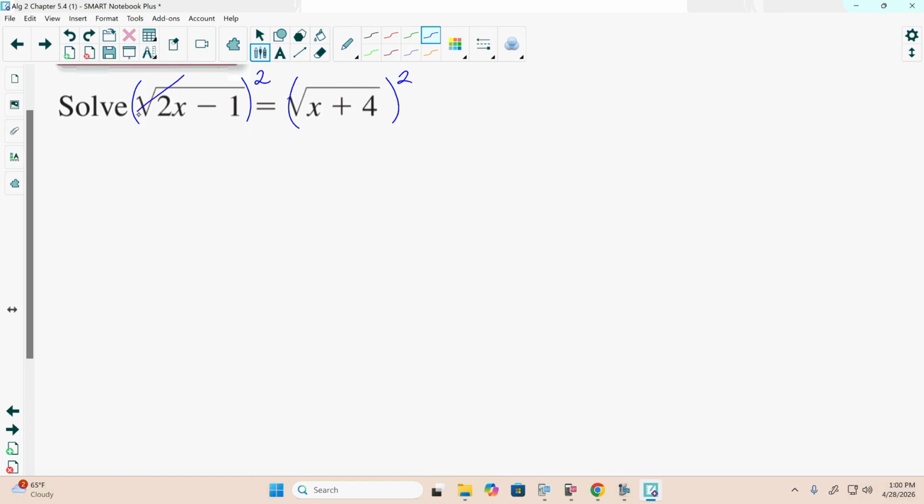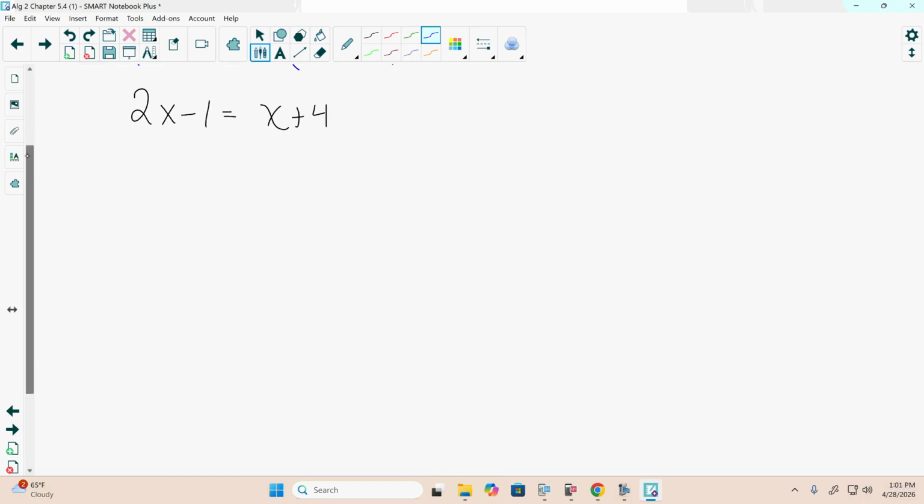And that's nice because on the left-hand side, the square root and square would cancel, leaving me with 2x minus 1. On the right-hand side, because it's just that radical, they would cancel. And really that worked for both sides because it was just that square root. We multiply by itself, the square root and square would cancel, telling me that 2x minus 1 is equal to x plus 4.